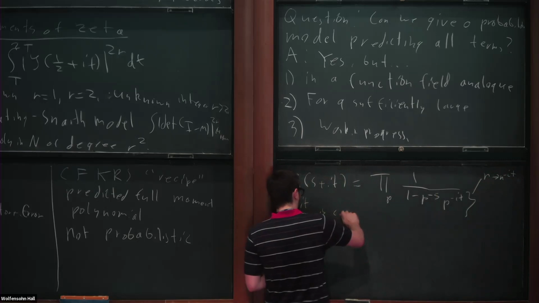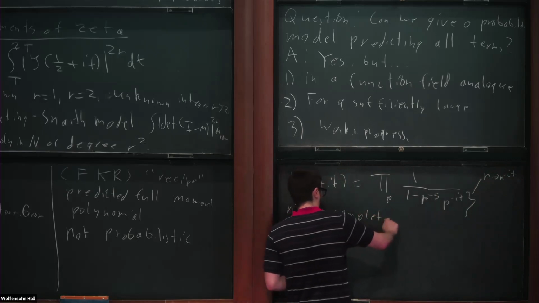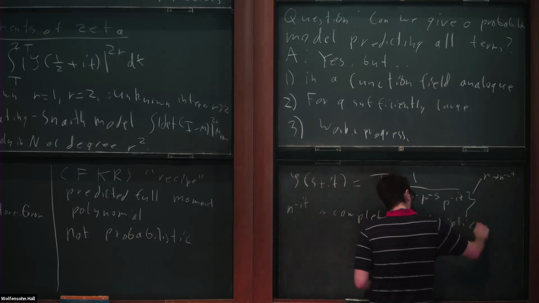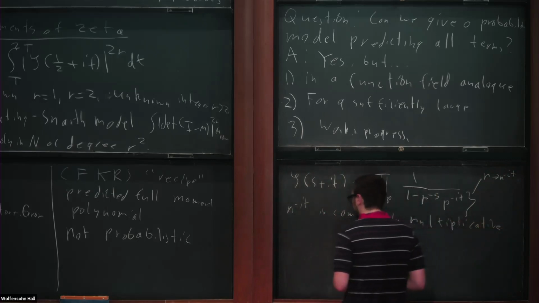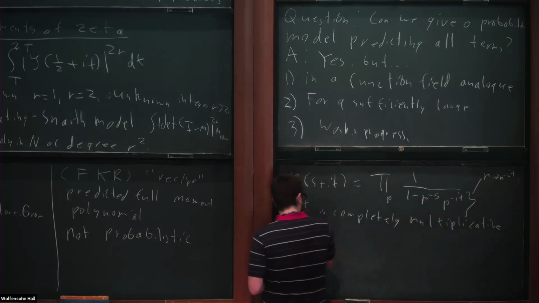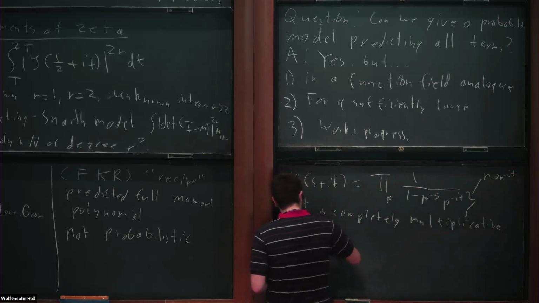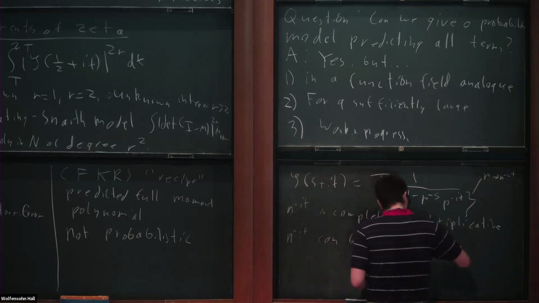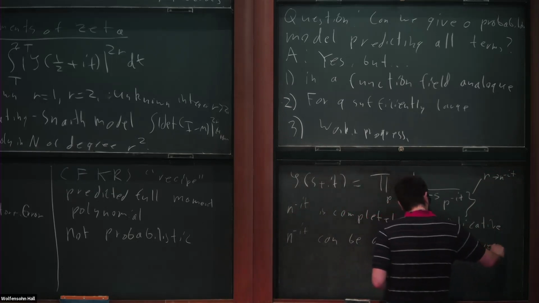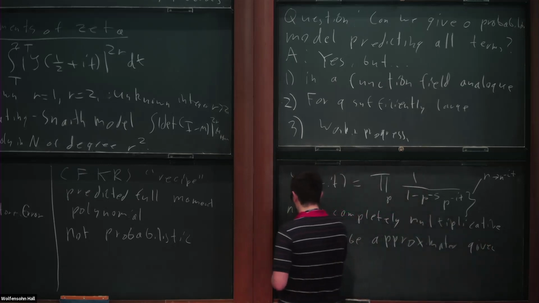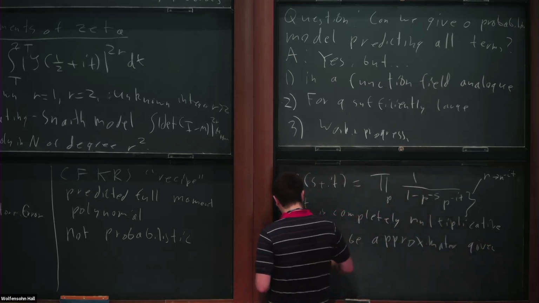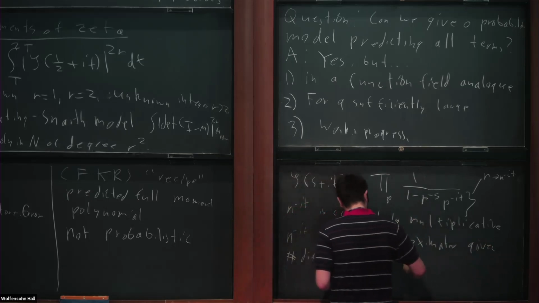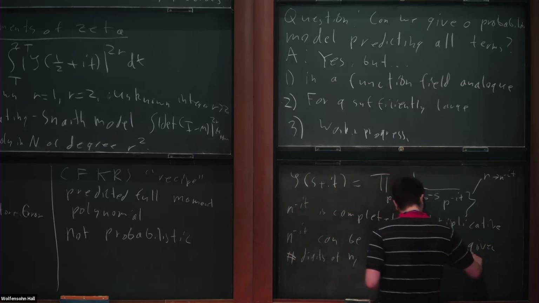First, it's completely multiplicative, so the value on a product of n is the product of values. And then the second is n to the minus it can be approximated given the number of digits of n and the leading log t digits.